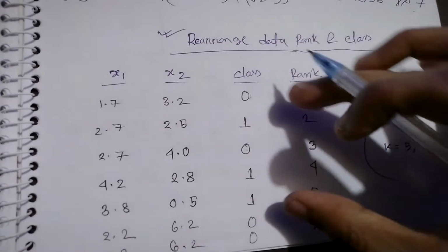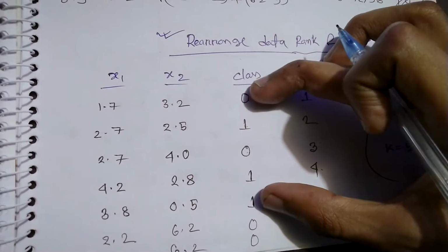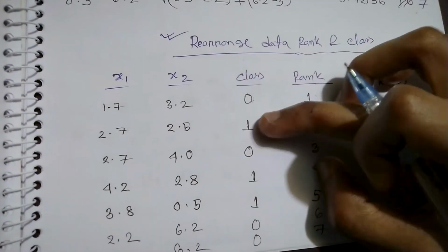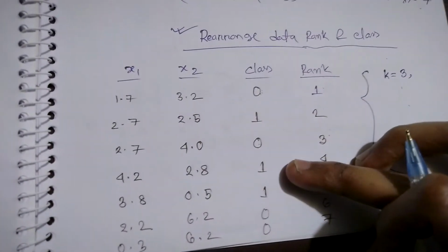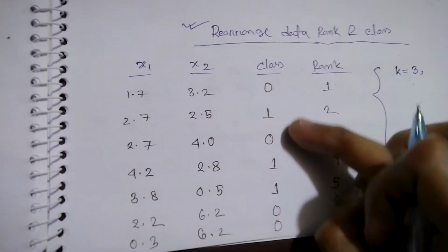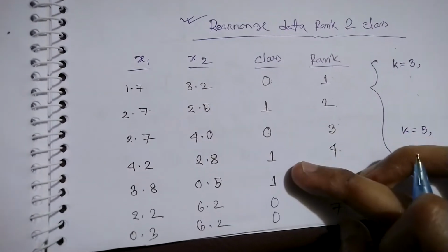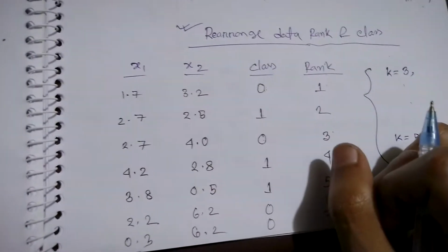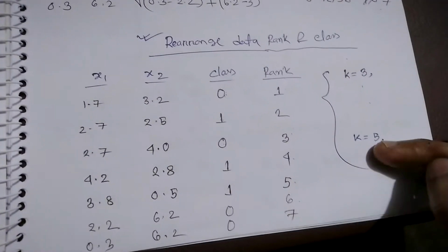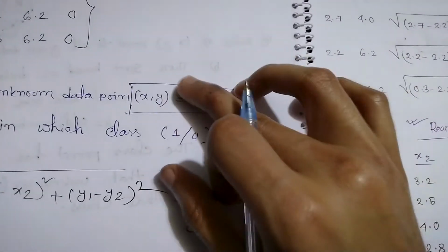If we take 5 items, among these 5 we have 3 ones, and 1 is actually the dog. Then this unknown data point would be in the dog class, because there are 3 ones and only 2 zeros, so the voting wins for 1, so it would be dog class. So based on the k value we classify this unknown data point differently.